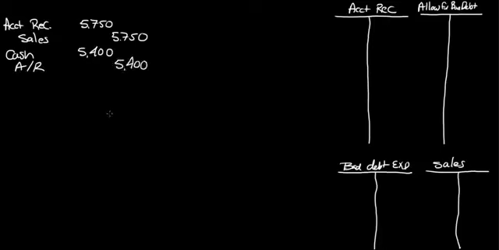I'm going to go ahead and post these then. So we had our beginning balance in accounts receivable, I believe, of $1,200. We post the $5,750 to that account, and we post $5,750 to our sales. We're going to ignore the cash account, and we put the $5,400 paid against accounts receivable.